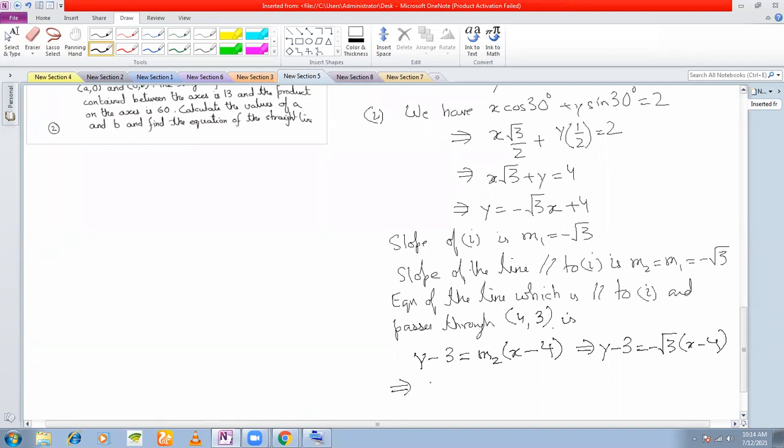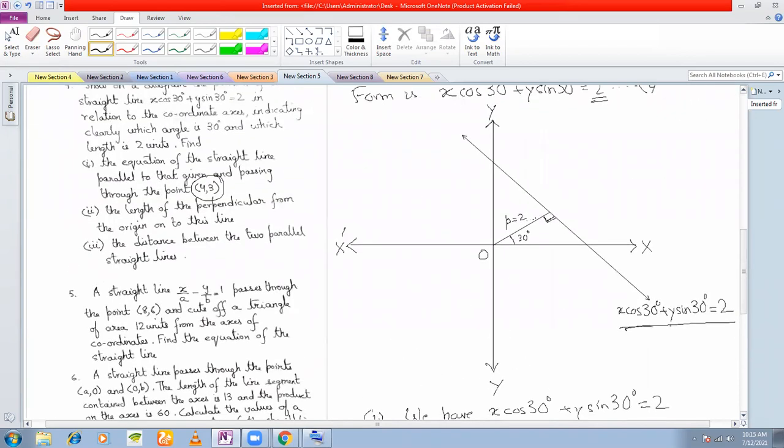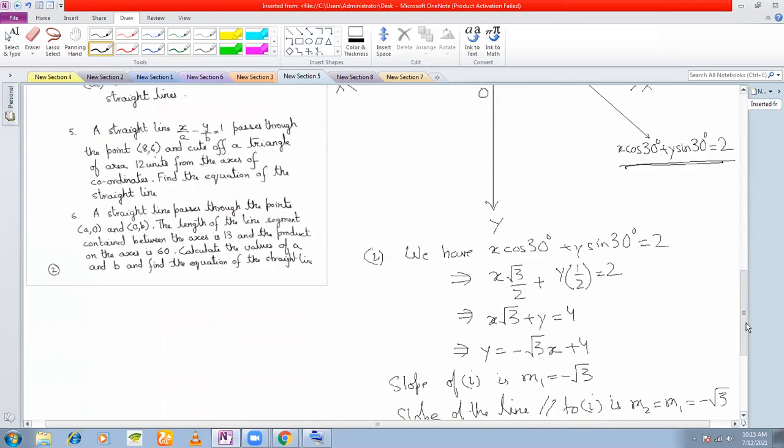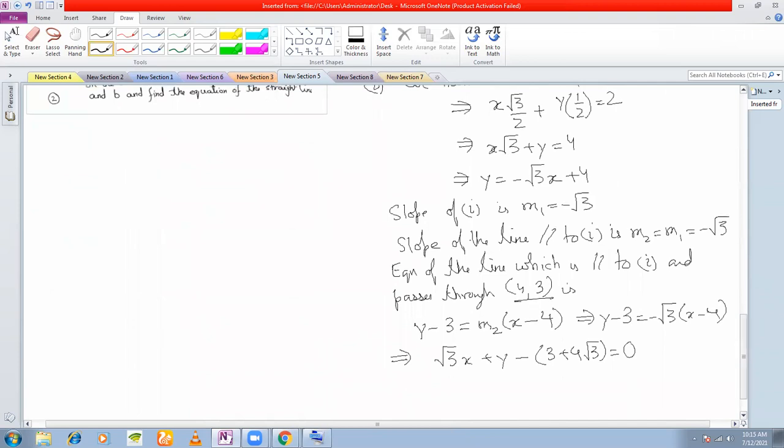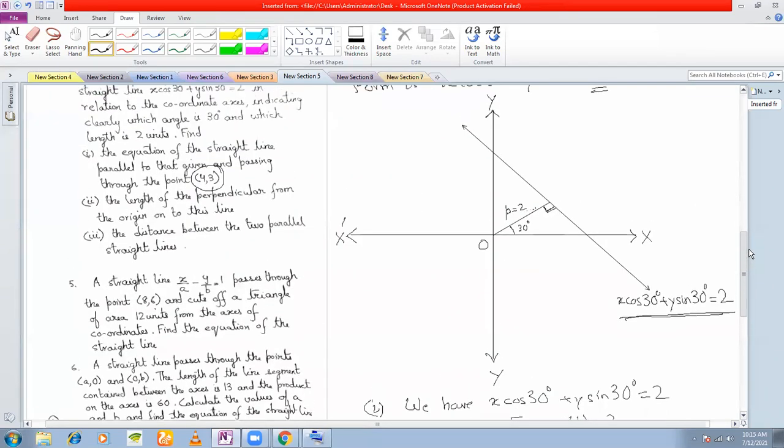That means you can simplify this equation to get root 3 x plus y minus 3 plus 4 root 3 is equal to 0. This is the equation of the line which is parallel to the given line, and which passes through the point (4, 3). That is what the first part of the question was.